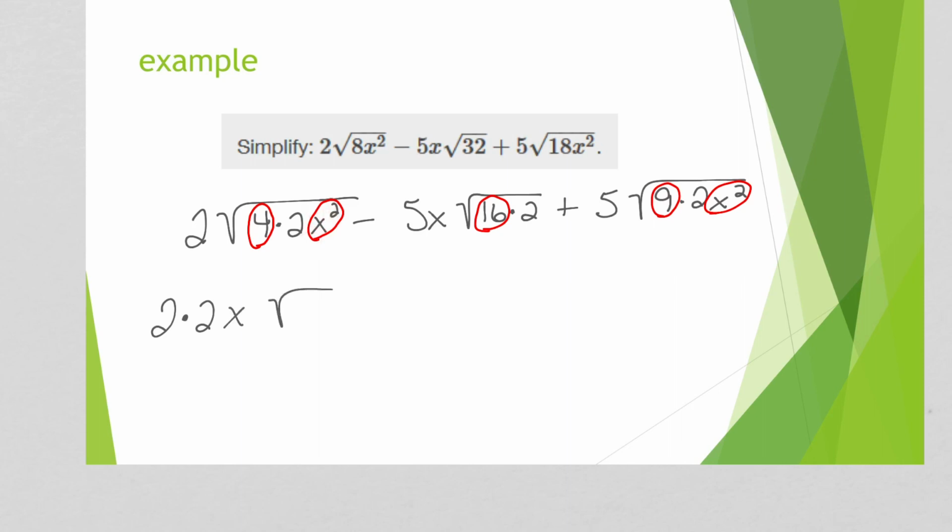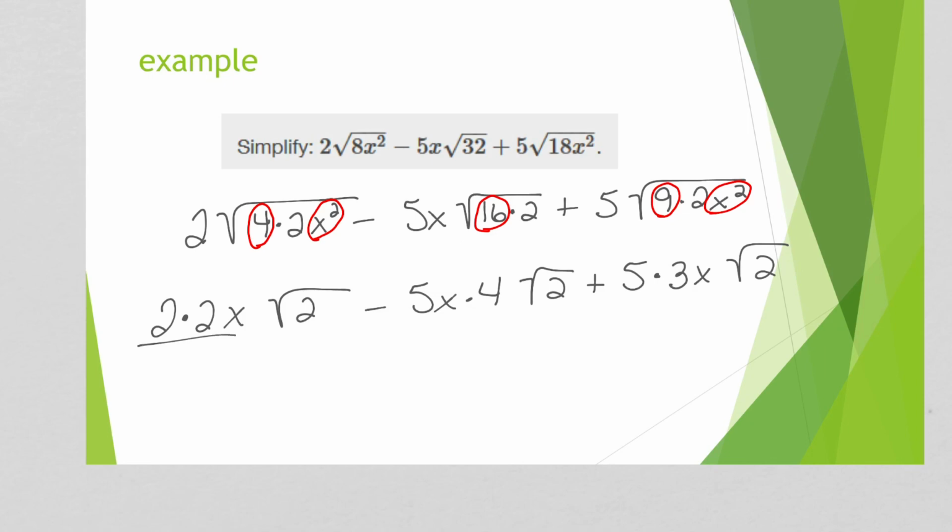And then what's left over in this one is the square root of 2, minus 5x times square root of 16, which is 4. And then we've got square roots of 2, plus 5 is on the outside already. I'm going to take the square root of 9, which is 3. I'm going to take the square root of x squared, which is x. And what's left over is the square root of 2.